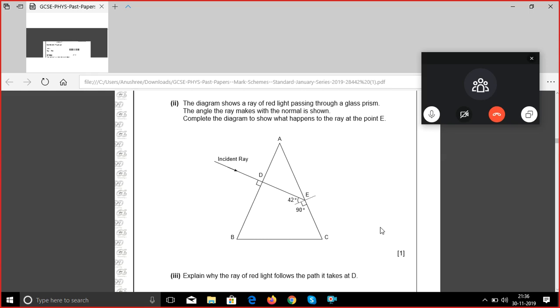So the angle it's mixed with normal shown. Complete the diagram to show what happens to the ray at point E.